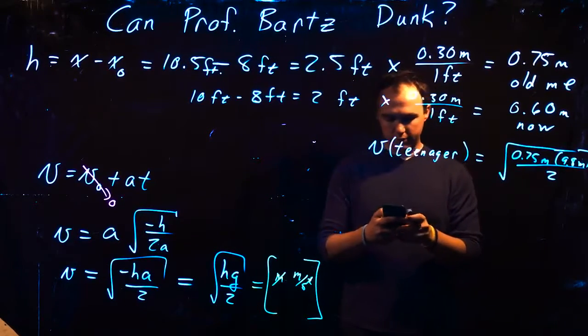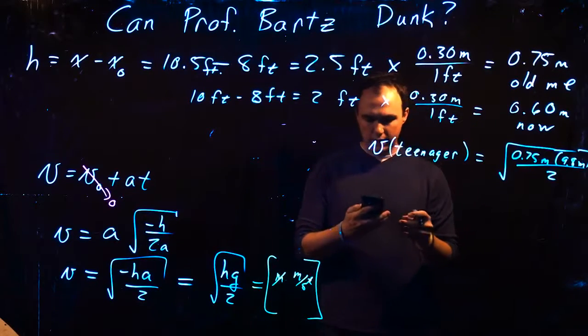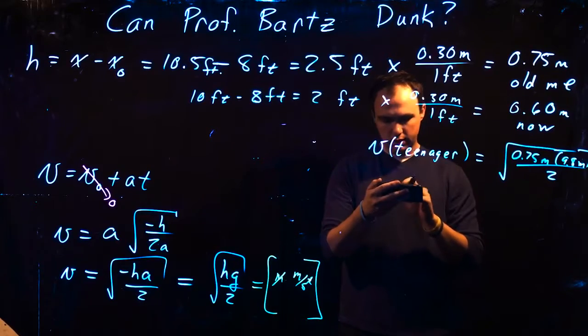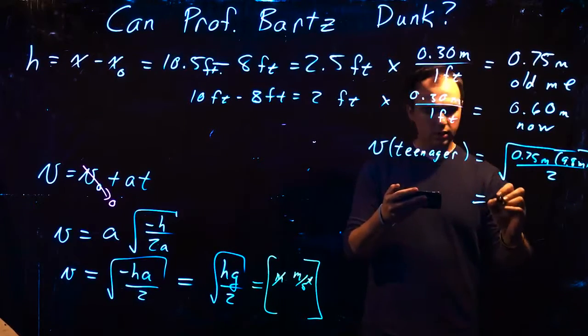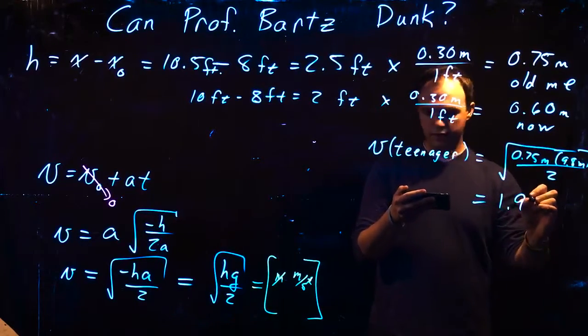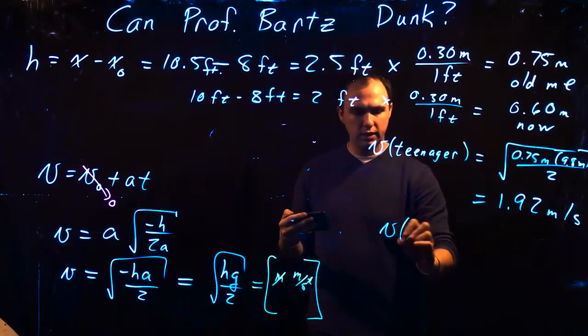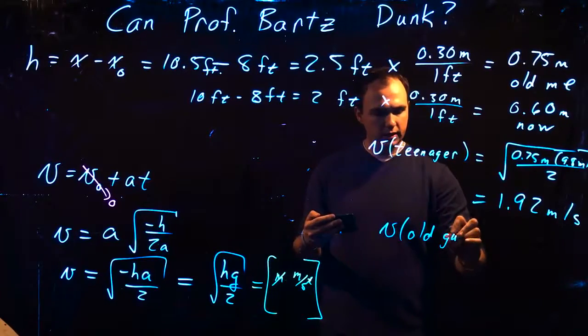So 0.75 times 9.8 divided by 2, and then square root gives me 1.92 meters per second.